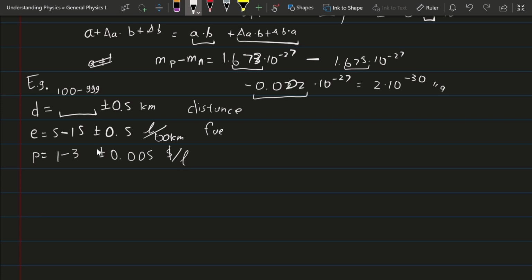This is the fuel efficiency. And finally, you have the price of the fuel per liter. So, the question is, how much fuel do I need to go from one place to another?